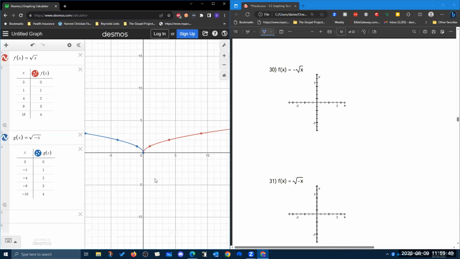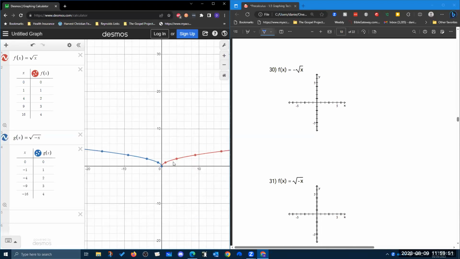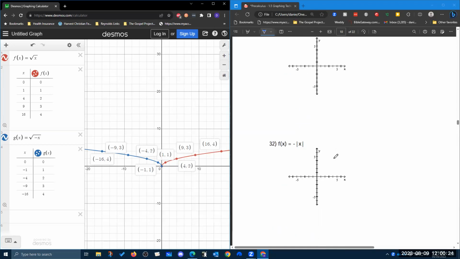And you'll see what happened here, there was a reflection across the y-axis. (1, 1) reflected and became (-1, 1). (4, 2) reflected and became (-4, 2). (9, 3) reflected and became (-9, 3). (16, 4) reflected and became (-16, 4). So there's a function where we can see the reflection happen across the x-axis or across the y-axis, and they don't appear to be similar to each other.